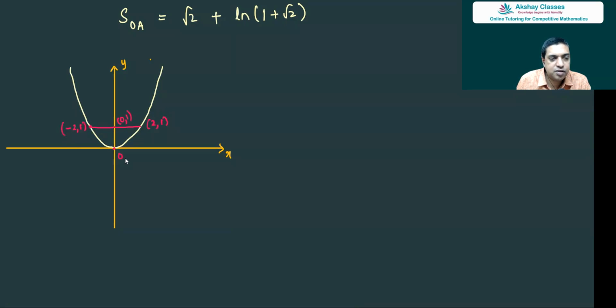This is 0 comma 0. This is the origin. Now with respect to x, this shaded area is of course symmetric, twice the half. The required shaded area.